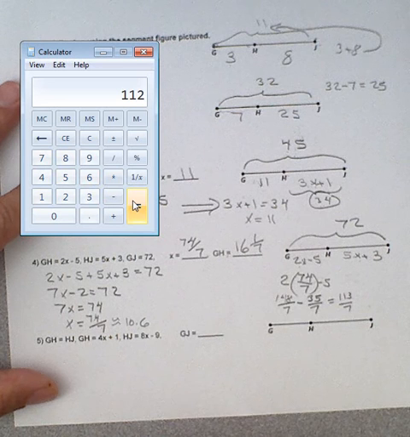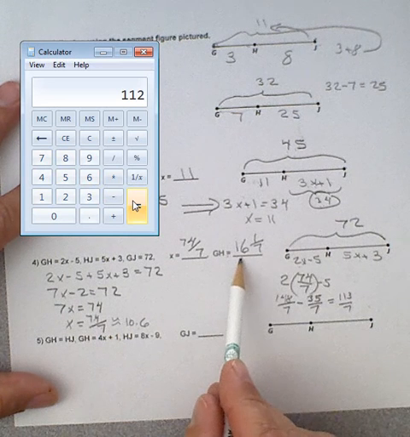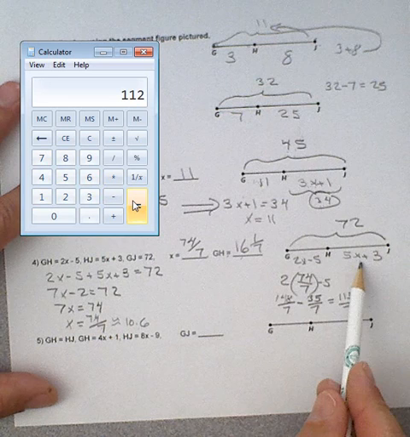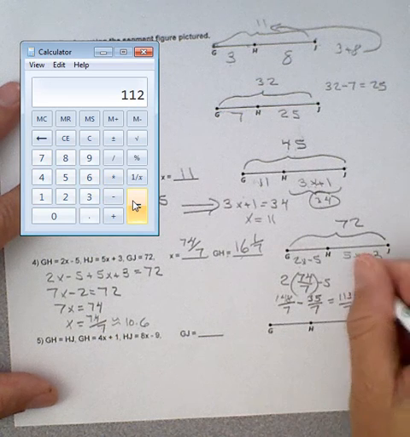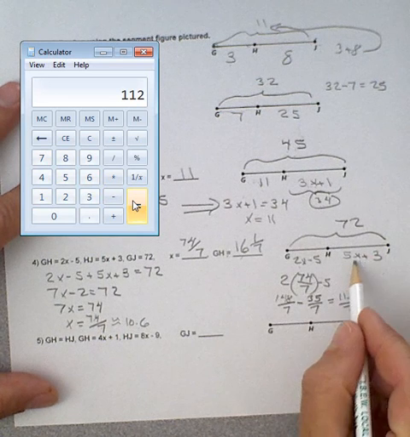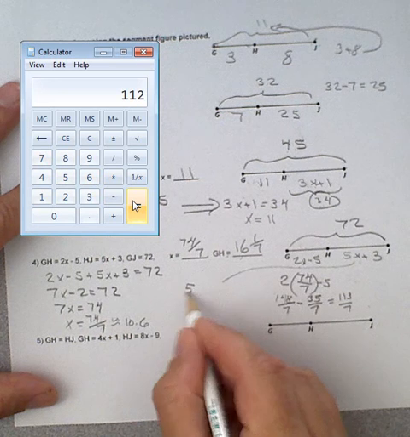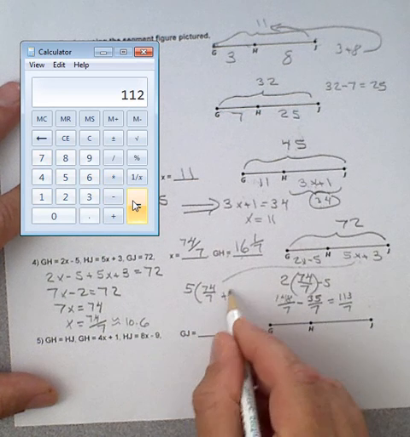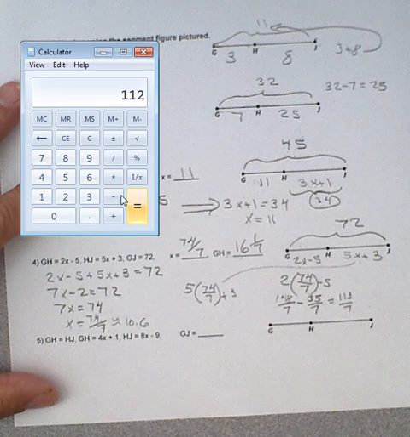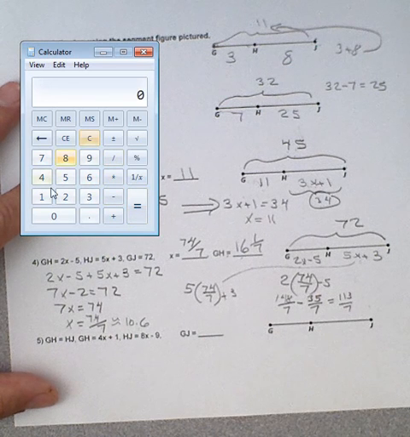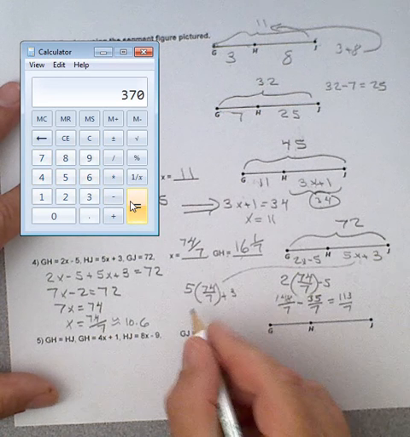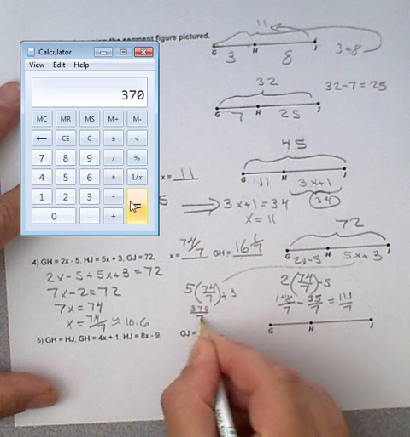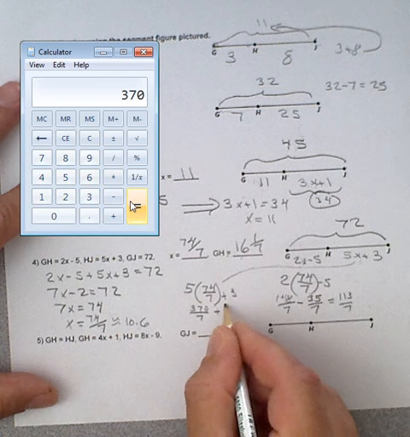Now, I can still double check this further. I'm going to plug in for this expression 5x plus 3. That gives me, I'll do it over here, 5 times 74 sevenths plus 3. And 5 74s is 370 over 7, plus 3 is 21 over 7.